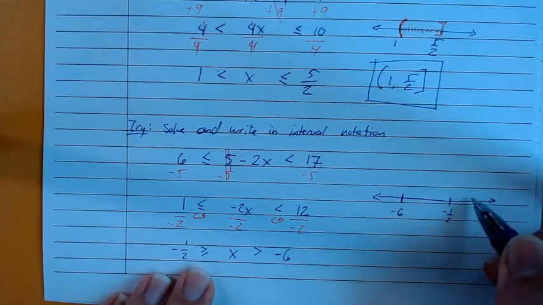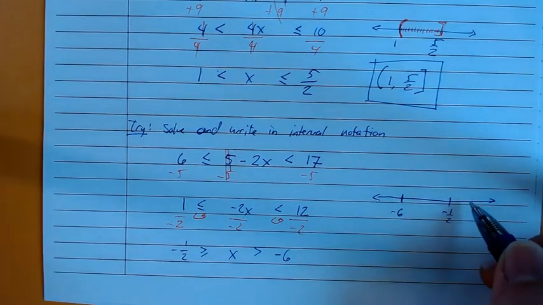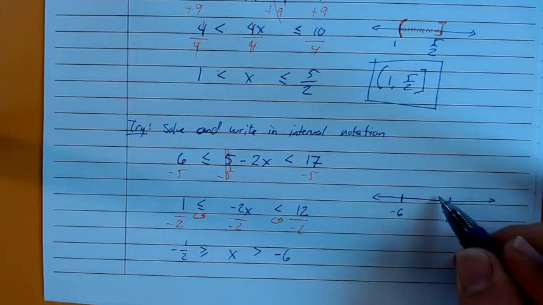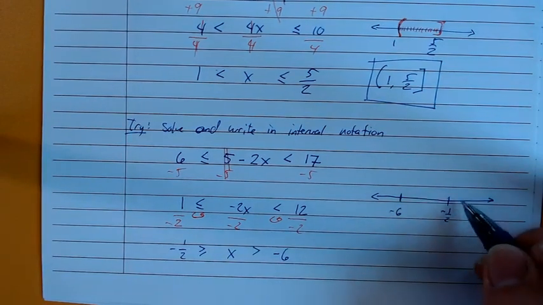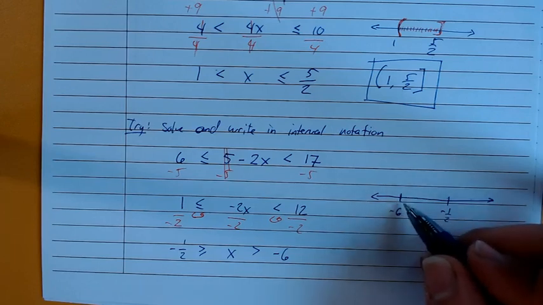Negative 1/2 is really close to 0, right? Just a little bit to the left of 0. Negative 6 is really far to the left. Again, think about a number line. If you have 0, that would be 1, 2, and going left, negative 1, negative 2, negative 3, negative 4, negative 5, negative 6, all the way out here.